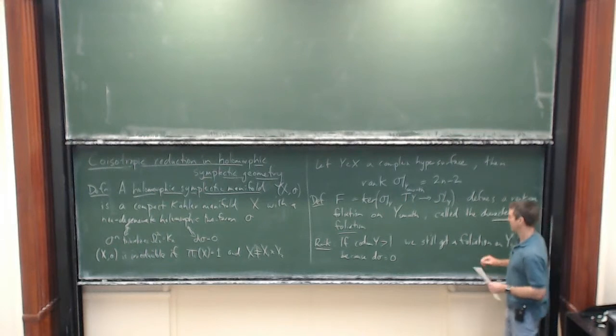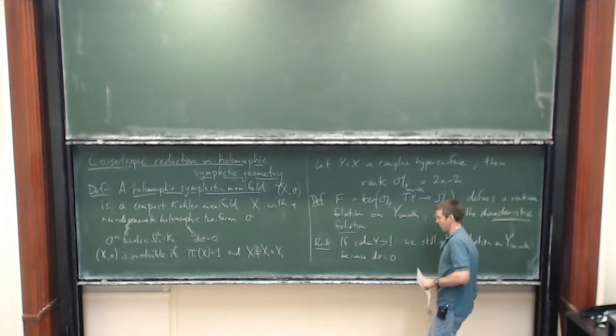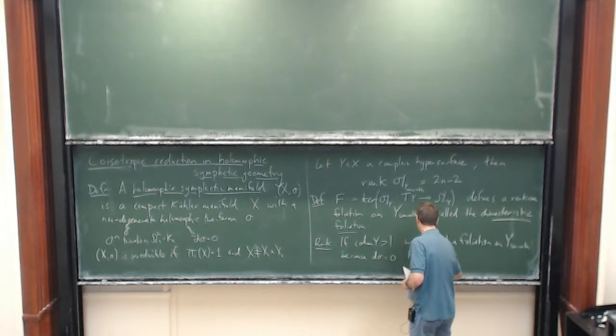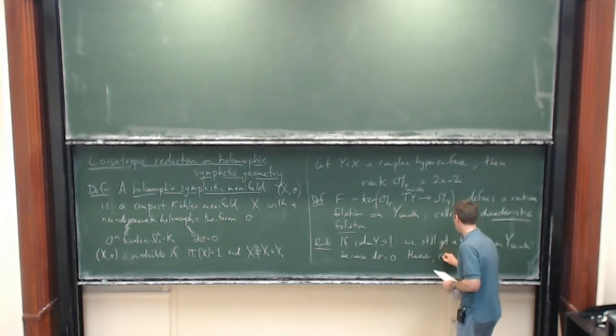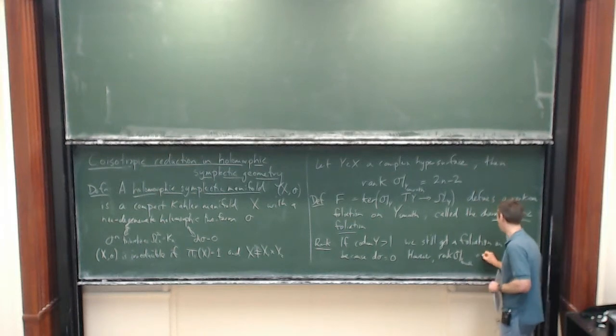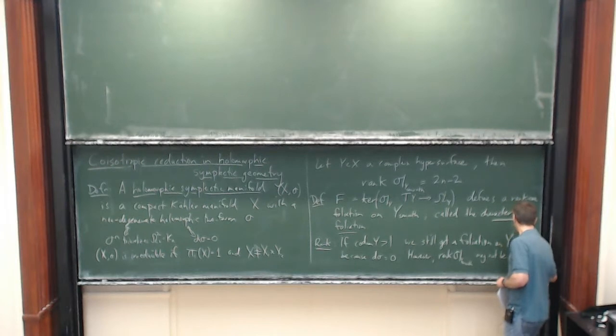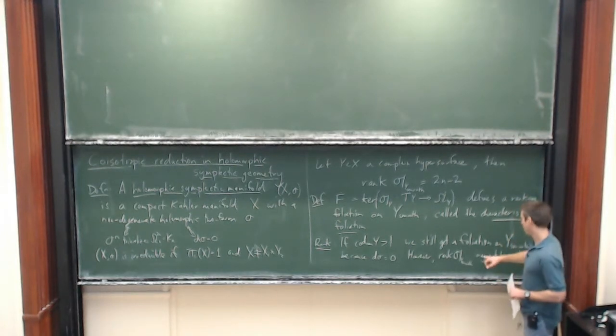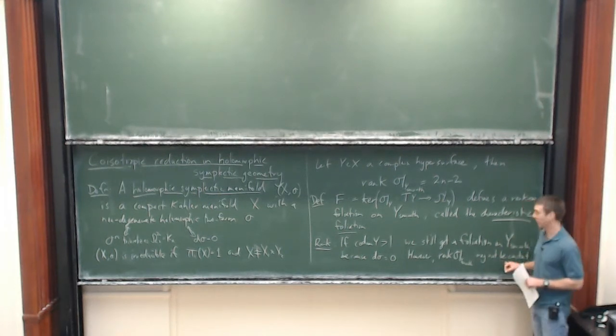However, in general, the rank of this, even on the smooth part of Y, as defined, may not be constant. Okay, so you get a foliation that may not be regular anymore.